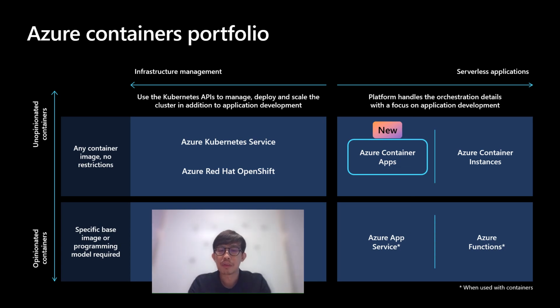So it's useful in some ways, and one of the ways is as virtual nodes as part of Azure Kubernetes Service, right? So here in the middle, the new thing is where things become really interesting.